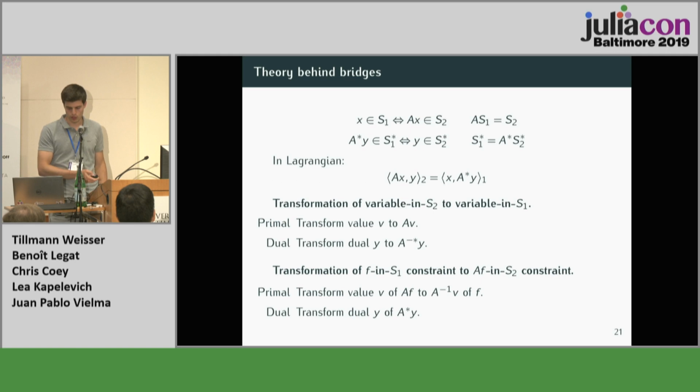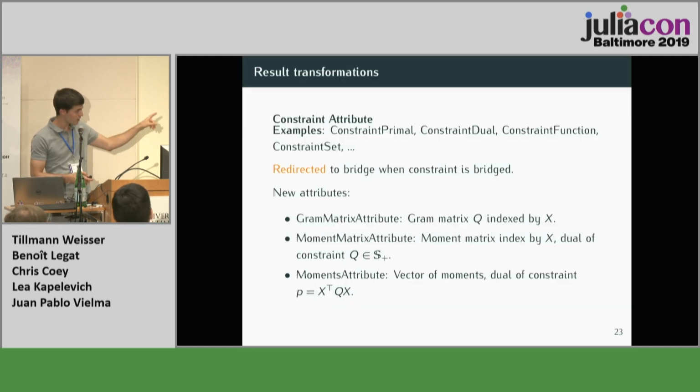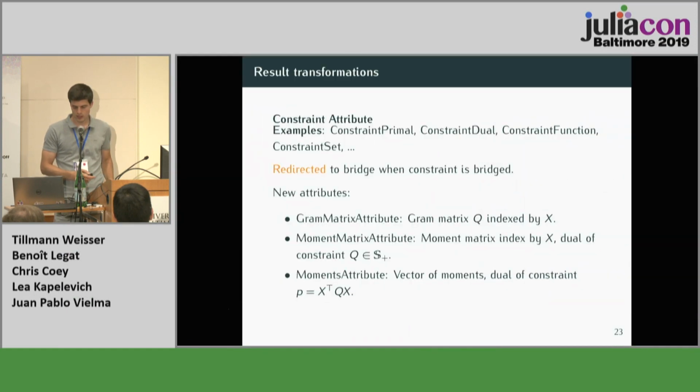And when the user would like the dual of the constraint and so on, we can use the formula we have here. But we can also create new attributes. As I told you at the beginning, attributes are very flexible. For example, the user might like to get this Q matrix or the dual of this Q matrix. It's actually hidden inside your bridge, but the user on the other side is just using JuMP.